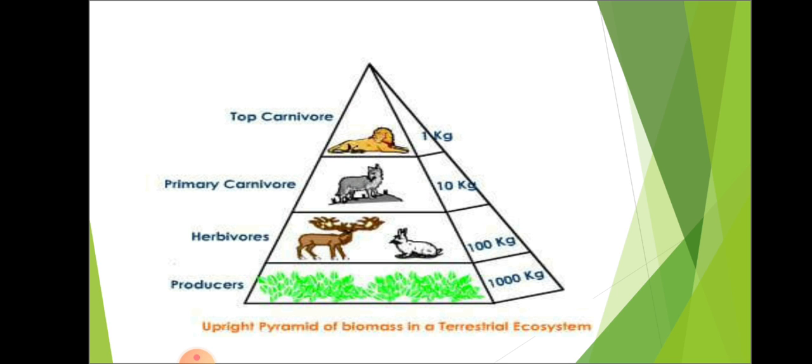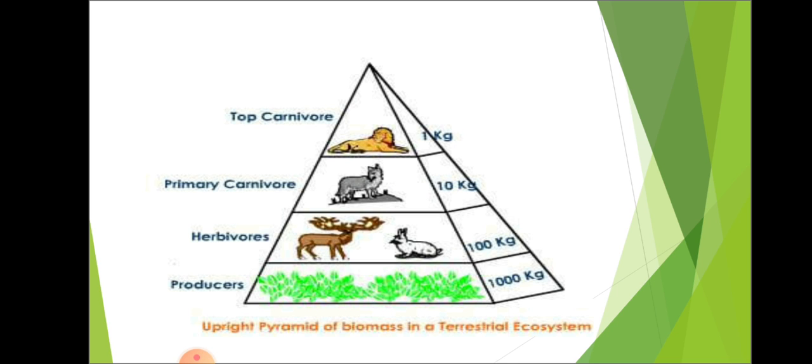A reverse pyramidal structure is found in most aquatic ecosystems, where the components having the highest measure will be at the top, and the lowest weight will be at the bottom, right? That is known as inverted pyramid. Here the pyramid of biomass may assume an inverted pattern.